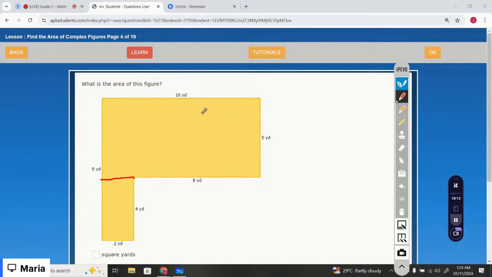So for this one you have to do 10 times 5, that is 50 square yards, and for this one you have to do 4 times 2, that is 8 square yards.